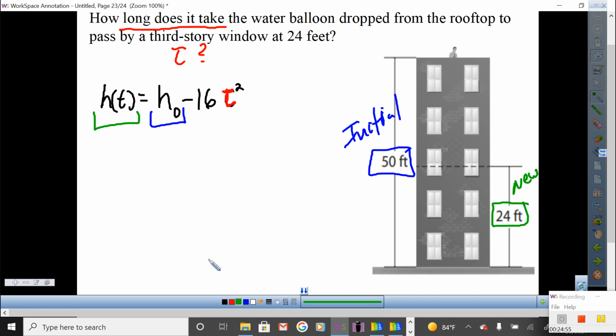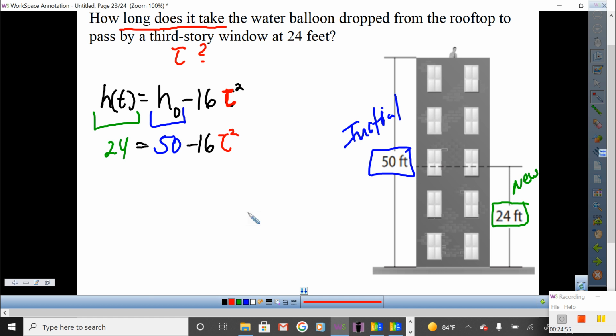So, what do I substitute for h of t, Miguel? Very good. 24. The one in green. Equals. What do I substitute for h sub 0, Miguel? 50. That is correct. Minus 16 t squared.